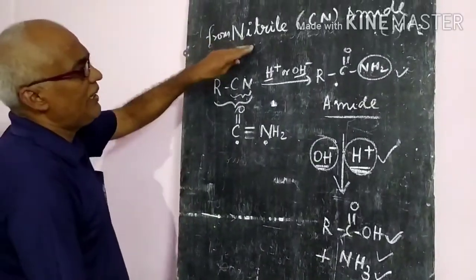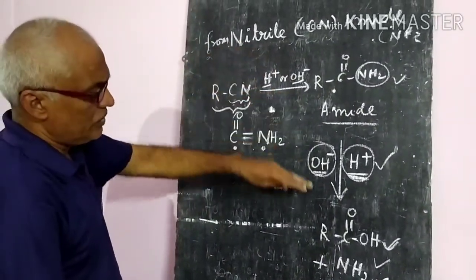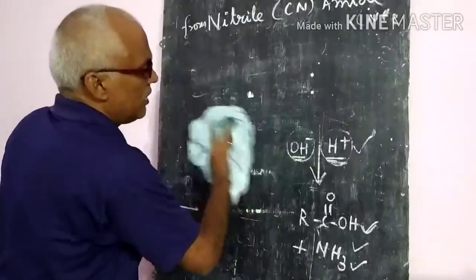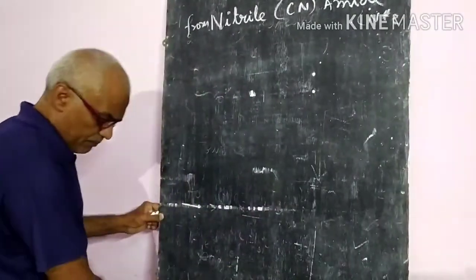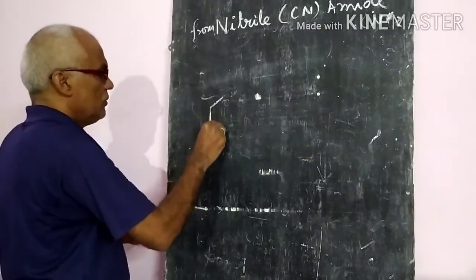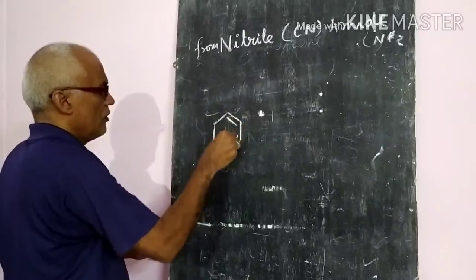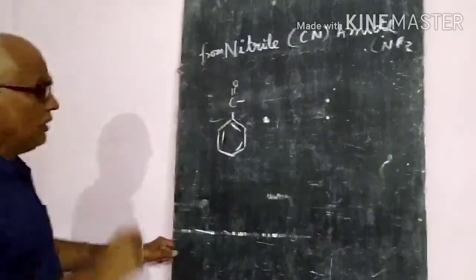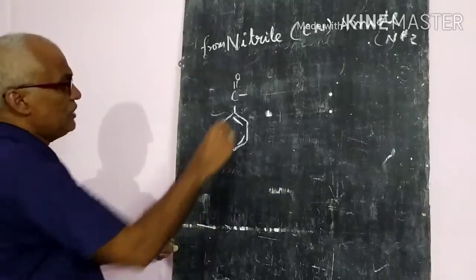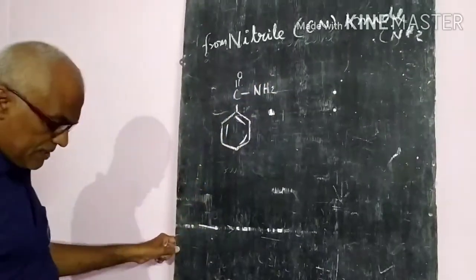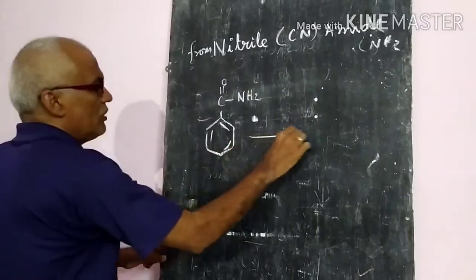So this is from the nitriles. We can convert them into acids also. Similarly, aromatic acids, that is benzoic acid, can also be prepared using this. Here we have C double bond O, NH2, that is an amide, benzamide. What do you have to do?